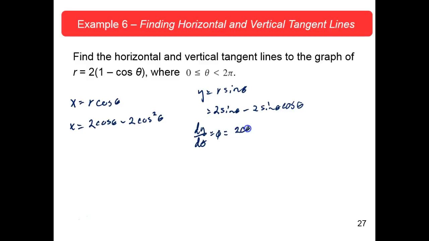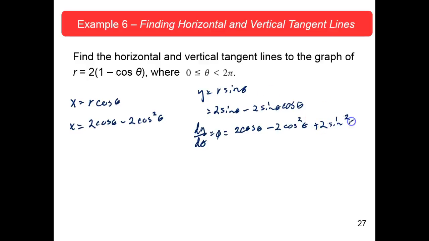Two cosine theta minus, put a 2, cosine squared theta minus 2, but a plus then, right?